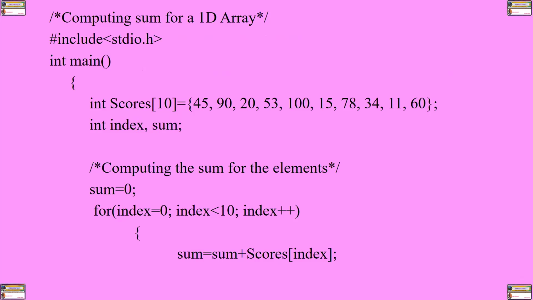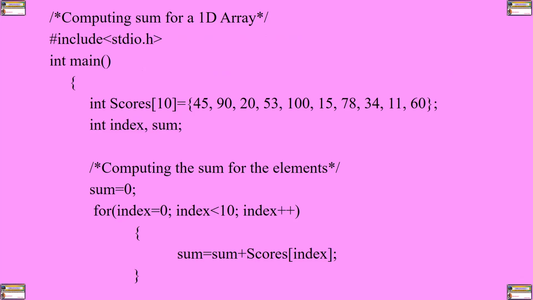So get 45 added to the current content of the memory location called sum. The current content of sum is 0. So what we are doing is getting value 45, adding it to 0, and the result that we get, we store in the memory location called sum.